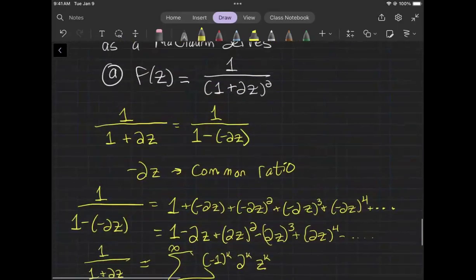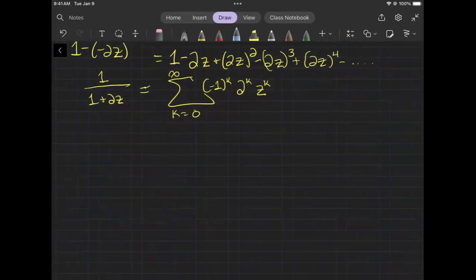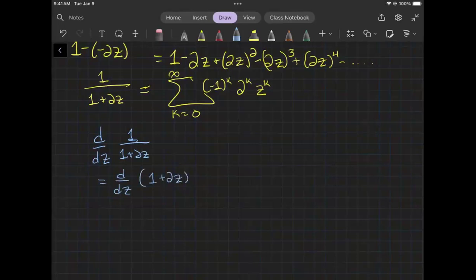But we need a power series representation for 1 divided by 1 plus 2z squared. Now, if you notice, if we differentiate with respect to z of 1 over 1 plus 2z, I'm going to rewrite it like this: 1 plus 2z to the minus 1 power. If we differentiate this, we're going to use the chain rule.